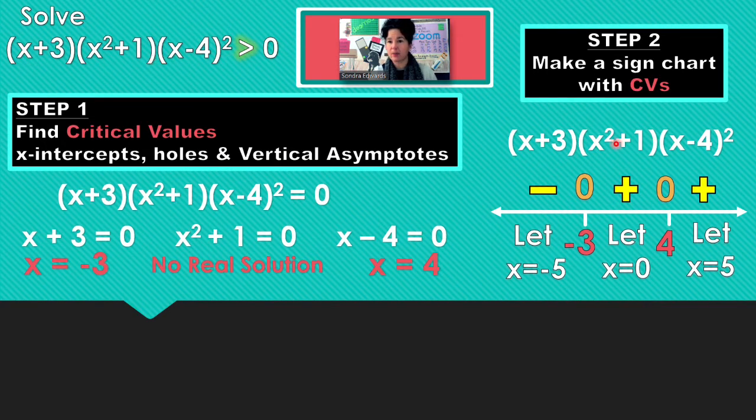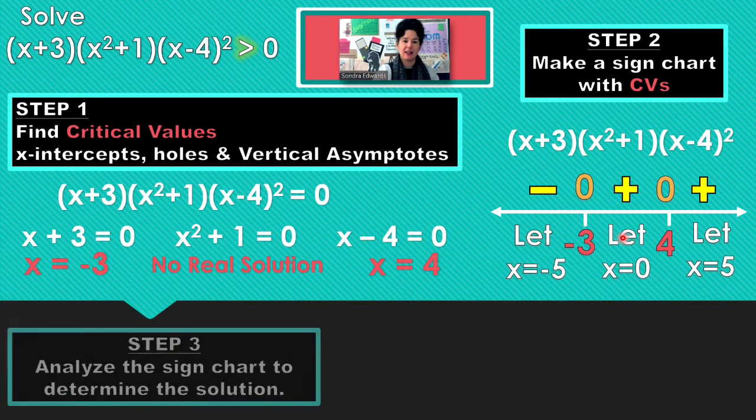All of that is my expression. And then I substitute numbers in each section into that expression to see if the answer is positive or negative, and also substituted my critical values in there to see if the answer is 0 or undefined. You don't have to memorize that, just substitute it in and see what happens.